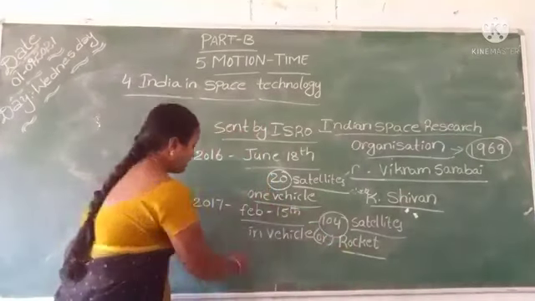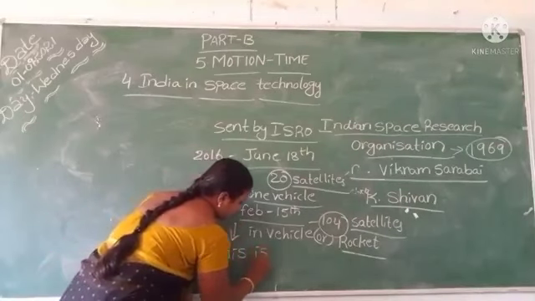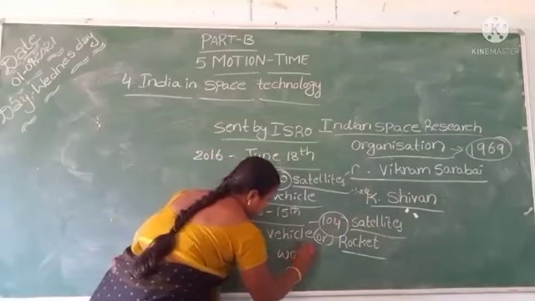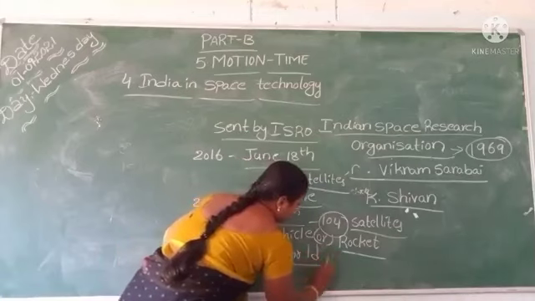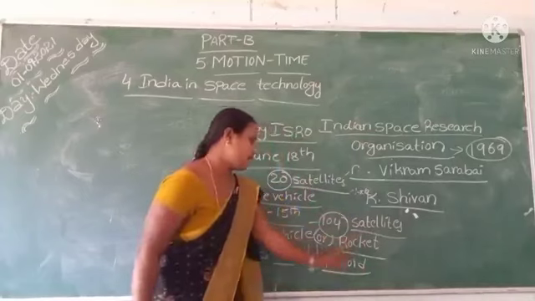So this is a world record. They sent 104 satellites in one rocket.